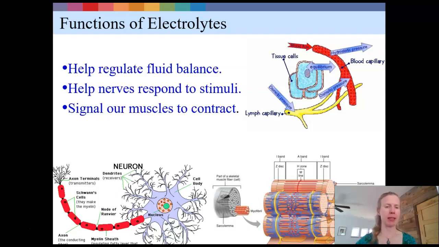So those would be electrolytes. But one of the things that we're going to see is that, right, these are in the same chapter, fluids and electrolytes are so tightly tied because, remember, you never actively move water. You can move electrolytes, you can move salts, and water follows them.